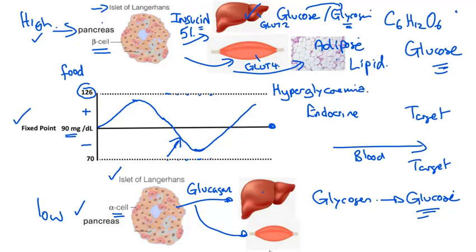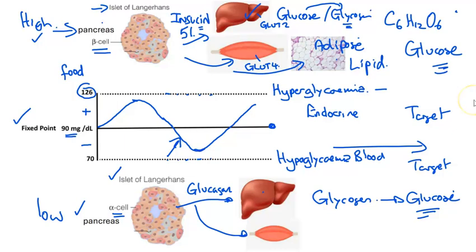And if blood sugar levels go below, that's called hypoglycemia. Now, both of these conditions will result in physiological stress to the individual. And indeed, hyperglycemia is extremely dangerous, and in some conditions can actually be fatal.